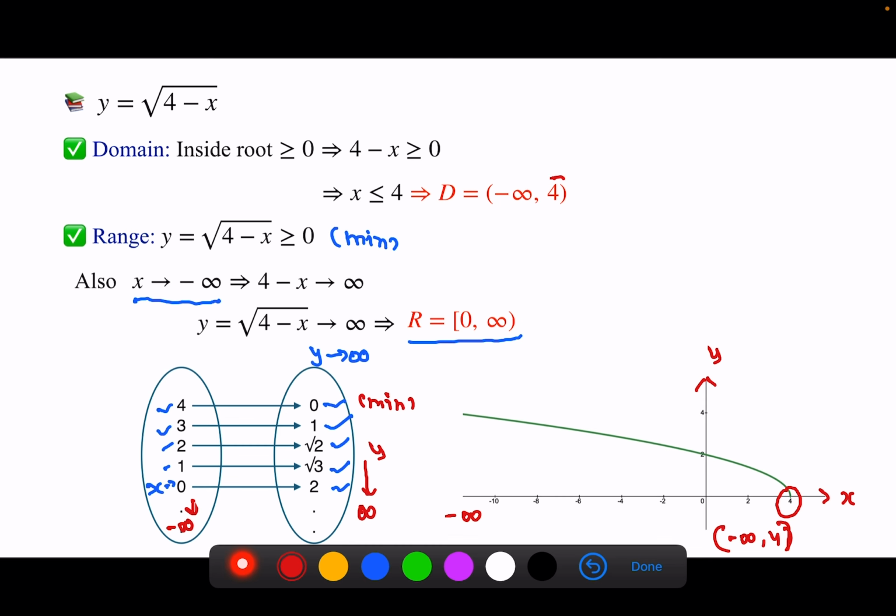And what about the range? The minimum value of y is 0 here, and y tends to infinity. So from this graph we can conclude that the range is 0 to infinity and the domain is minus infinity to 4, 4 included.